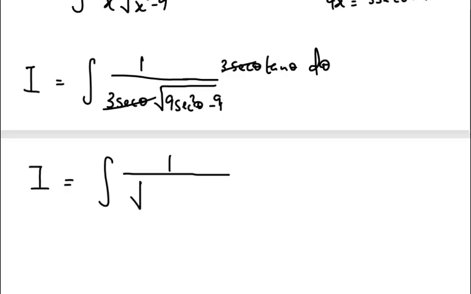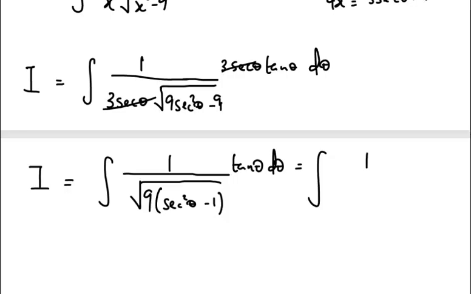So we're going to have the square root of 9 times secant squared of theta minus 1, and then we have the tangent of theta and then d theta. So this is going to be equal to the integral of 1 all over the square root of 9 multiplied by the square root of secant squared of theta minus 1, which will give us the tangent squared of theta. And here we have the tangent theta and then d theta, right?